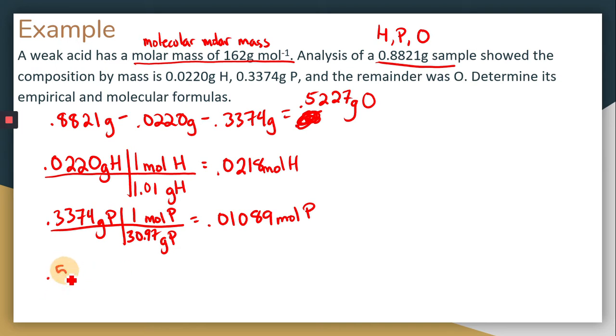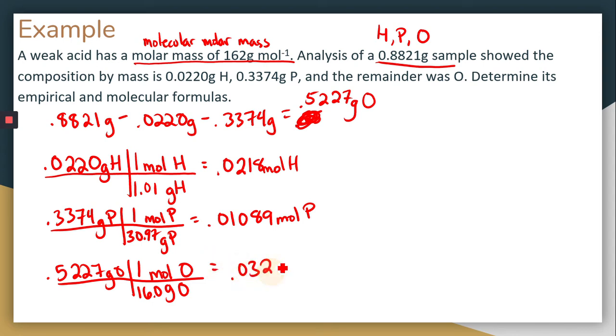And then our remainder, which was oxygen. Bring our unit and substance to the bottom. We're going to moles, 1 mole, molar mass, and keeping our significant figures the same would be 6, 7.